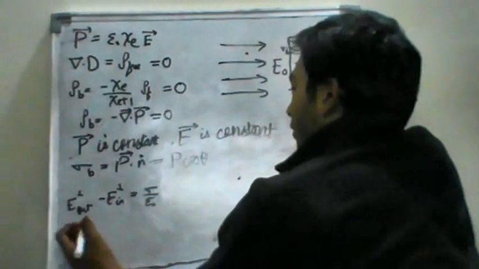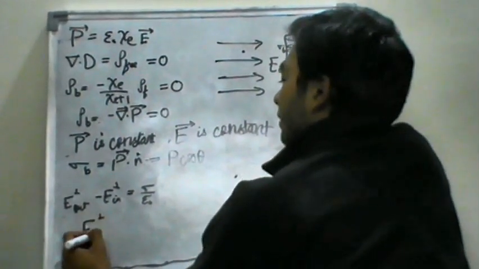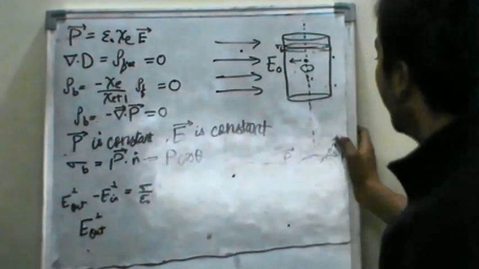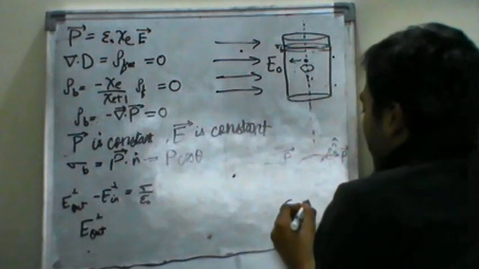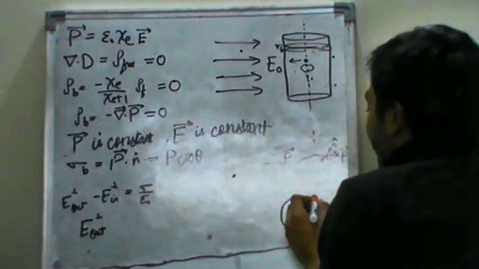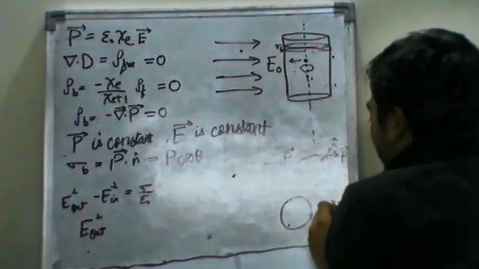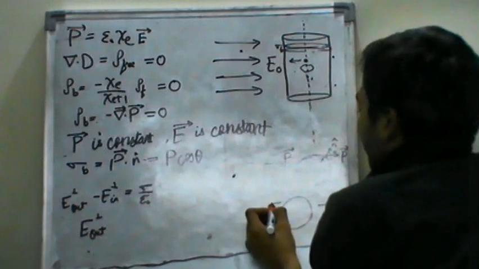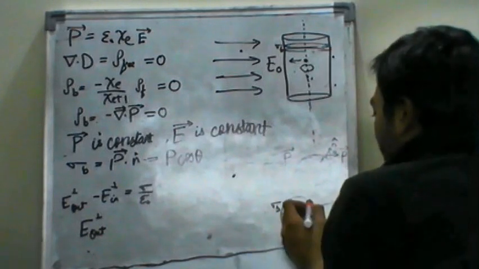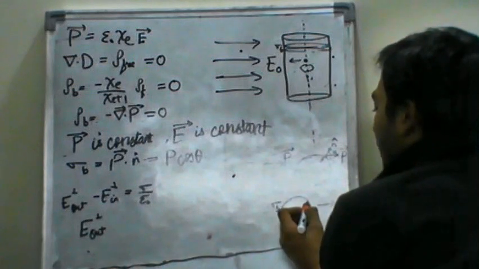Now we also know that by the principle of superposition, if this is your cross section, then the net electric field outside will be this vector E naught plus the electric field due to this sigma b. We want the component of this net field along n cap.